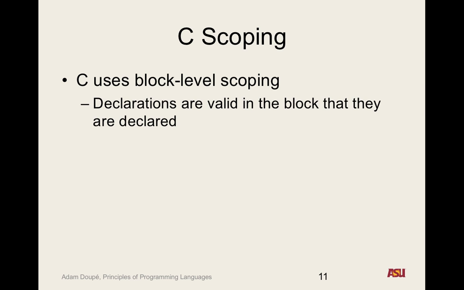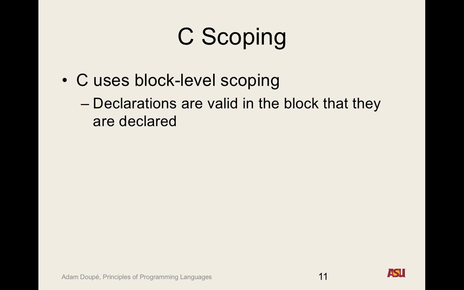And so declarations are valid in the block that they're declared in. What about if a declaration is not in a block? It becomes global. So what does global mean? Does that mean valid for the entire file that it lives in? Is that true? If it's in the header file of something, that means anything that references that header can access it.